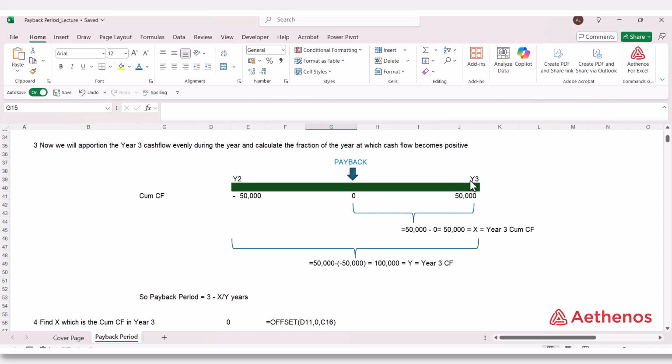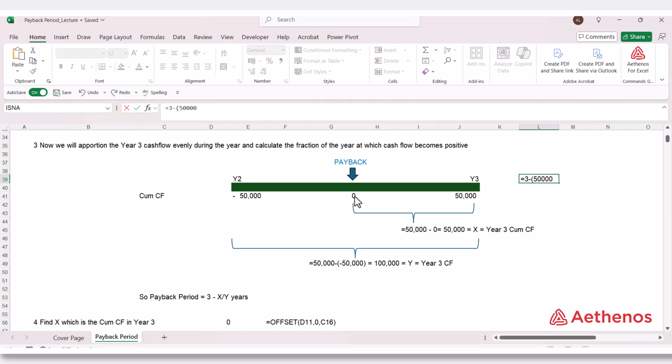So it will be year 3, or basically 3 years, minus this portion of the cash flow until 0. So here from 0 to 50,000 there is a difference of 50,000. So I can take that difference of 50,000, and if I want I can put a bracket like this.